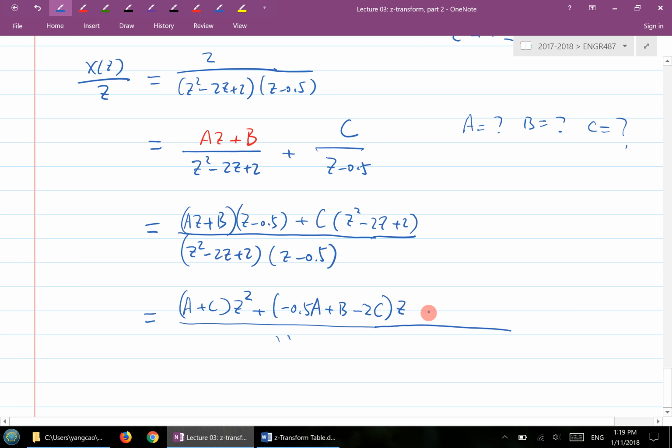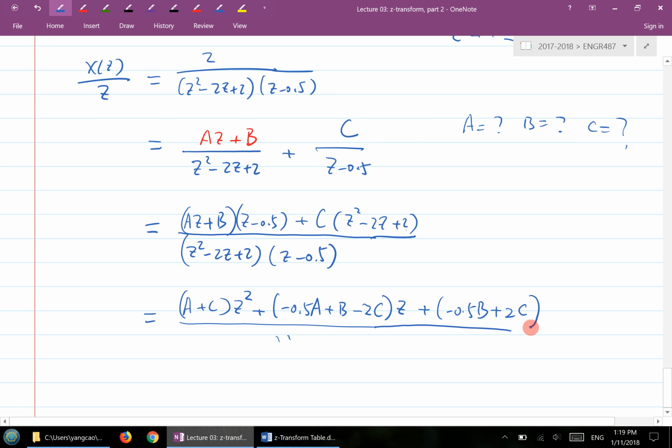Finally, you combine all the real terms together: 0.5 times b, and then plus 2 times c. That's the new numerator.